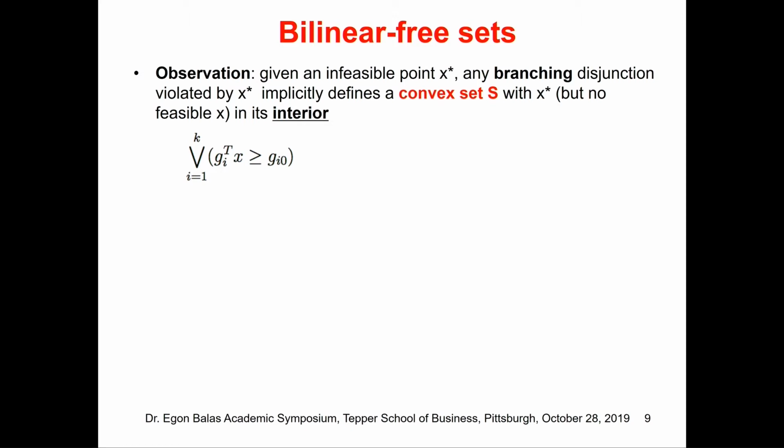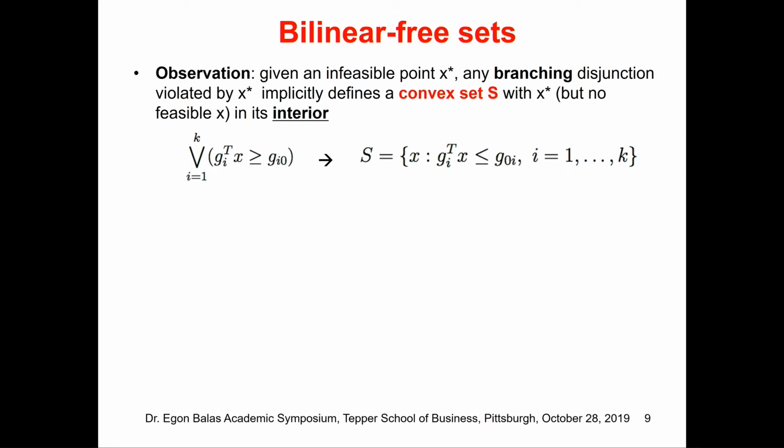So at any point when you have this fractional solution x star, which is infeasible, if you are able to branch on that condition, then on the other hand, you are able to produce an intersection cut using the same disjunction. The idea is very simple. If you have this kind of disjunction, so essentially you imagine you could branch on this disjunction to cut x star, then if you just revert the inequalities that are the branching condition, you get a set.